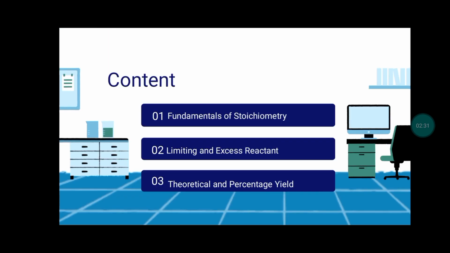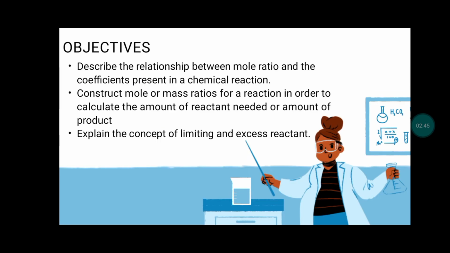Stoichiometry. So, this will be the flow of our discussion. First, we will be discussing the fundamentals of stoichiometry. Second, the limiting and excess reactant, and lastly, the theoretical and percentage yield.